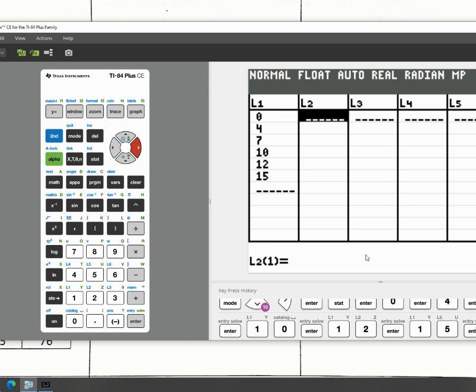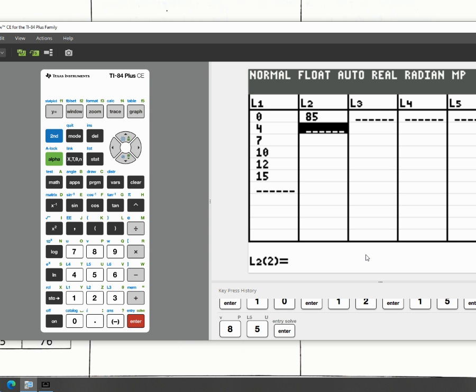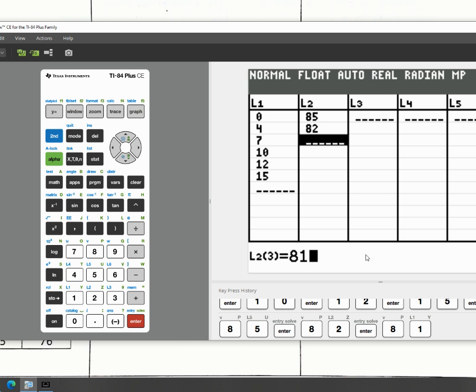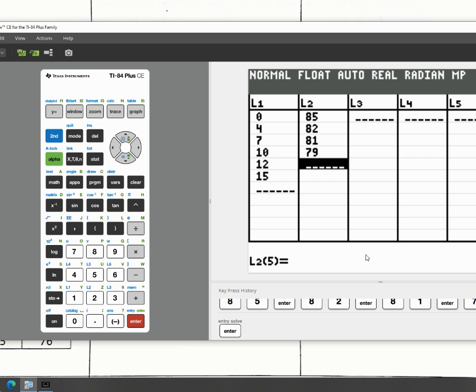Remember, these are ordered pairs. 0 goes and matches up with what? You've got to put them in the right order or you'll mess it all up. So 0 and 85, 4 and 82, 7 and 81, 10 and 79, 12 and 77, and 15 and 76. Now, I've entered all my data correctly.